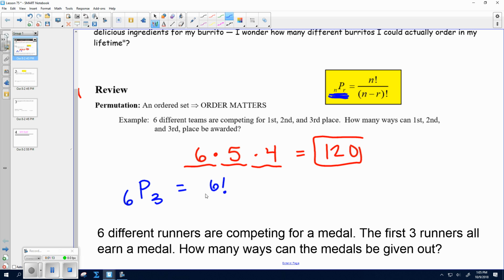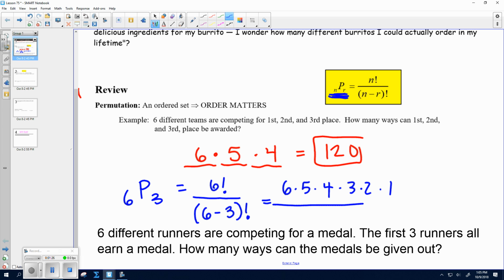So it's 6 factorial divided by n minus r factorial, which leaves me with 6 times 5 times 4 times 3 times 2 times 1 divided by 6 minus 3 is 3, so 3 factorial is 3, 2, 1. And these cancel, and we get the exact same thing as what I did above, which is 120.